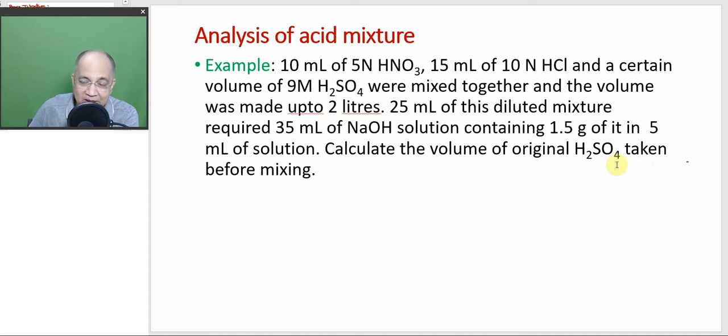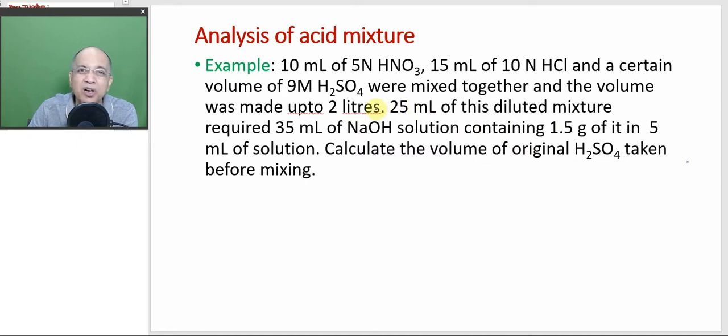So if that much, you can convert it to milliequivalent. That many milliequivalents is present in 25 ml of the stock solution. If that many milliequivalents is present in the stock solution, then in 2 liters, 2000 milliliters, how much milliequivalents will be present? You can do it in any way you like. That is your jurisdiction.